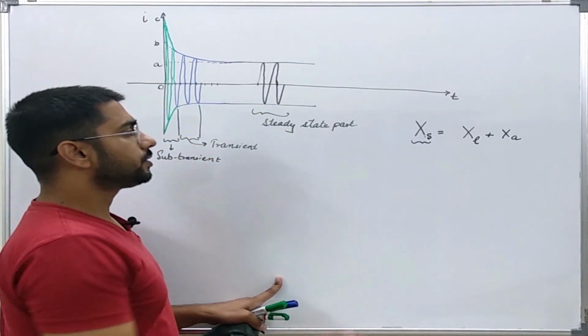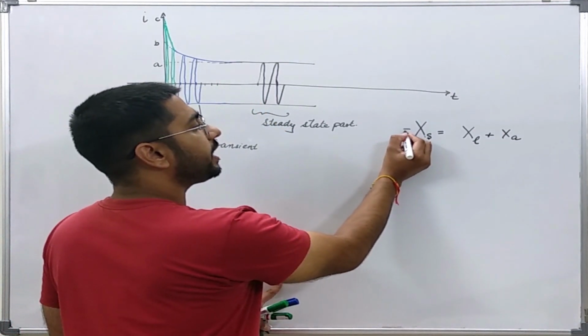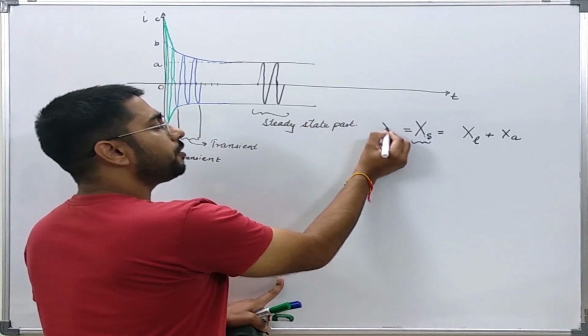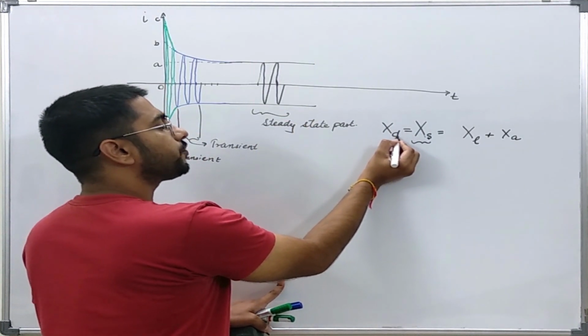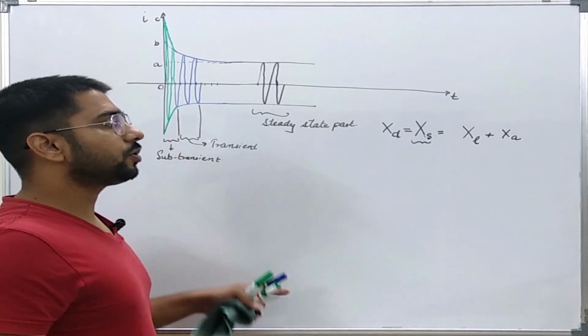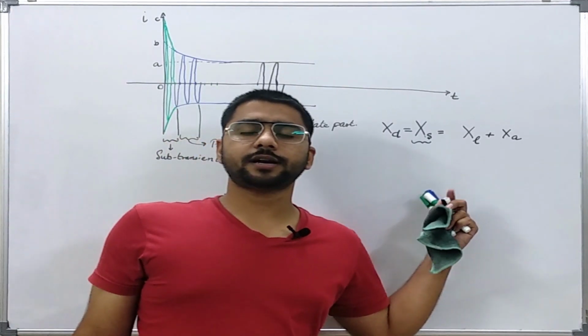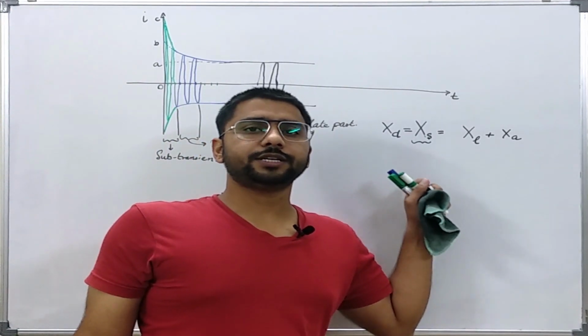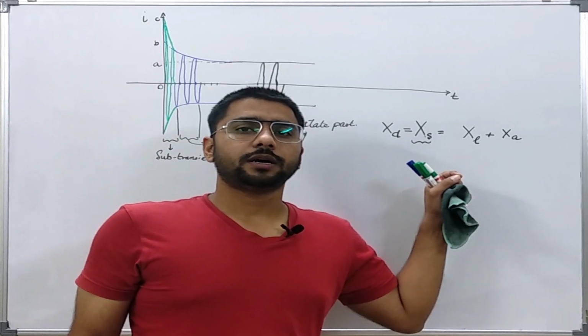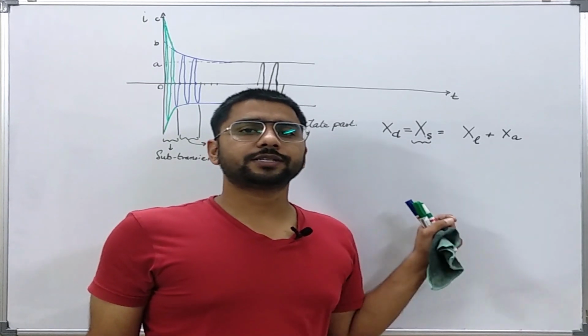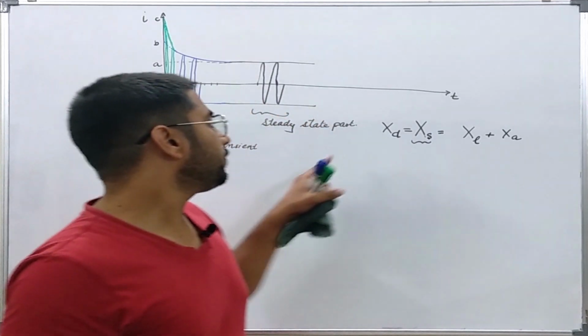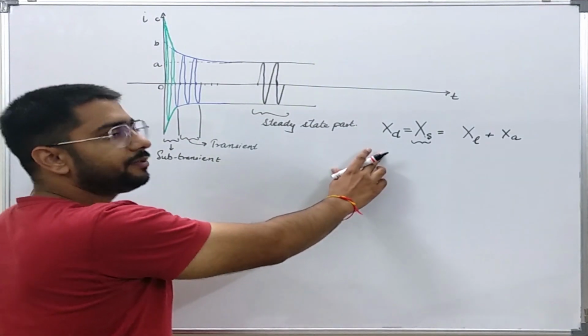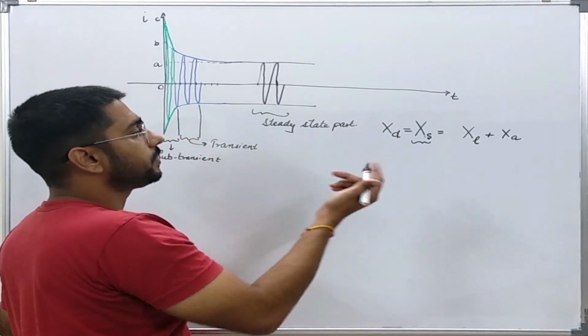And for a salient pole machine, I will write just the direct axis reactance, because we are going to deal with direct axis reactance only, since the short circuit current is about 90 degrees out of phase with the induced voltage.